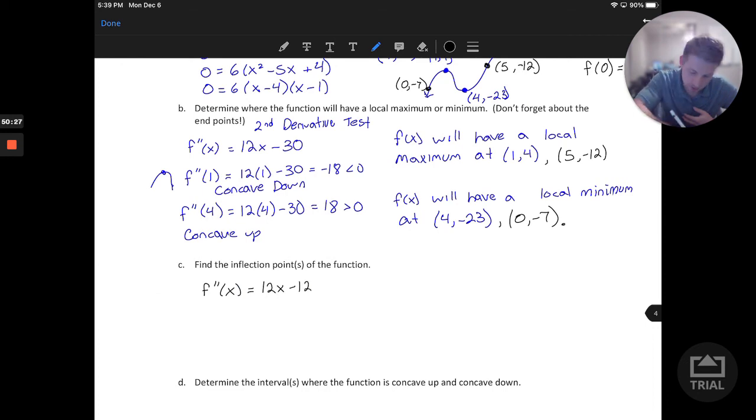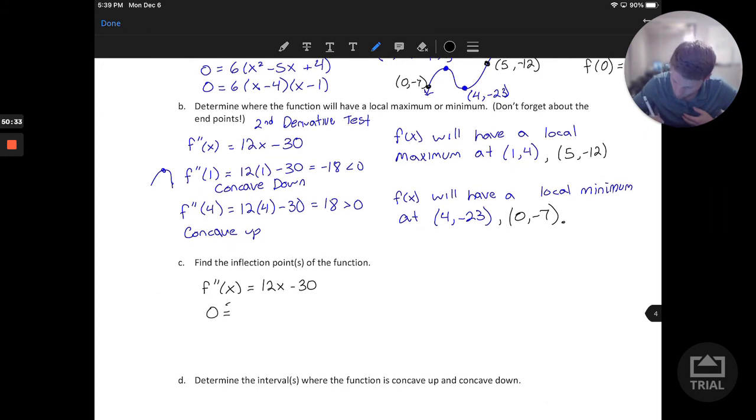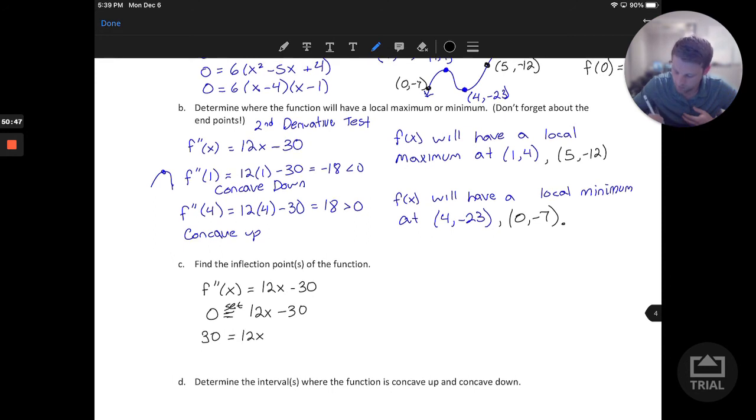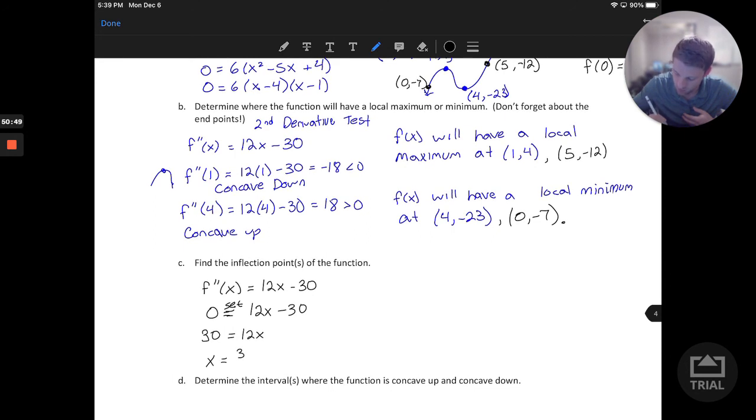So if I go ahead and set this second derivative equal to 0, we could go ahead and find that value of the inflection point. So looks like we would get 30 equal to 12x, and x would be equal to 30 divided by 12.